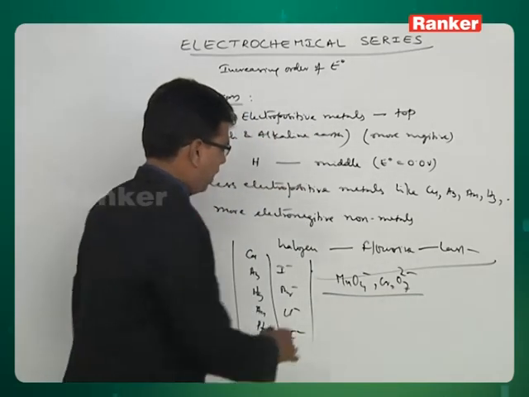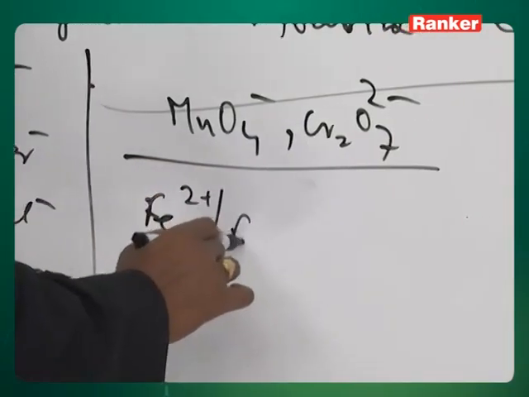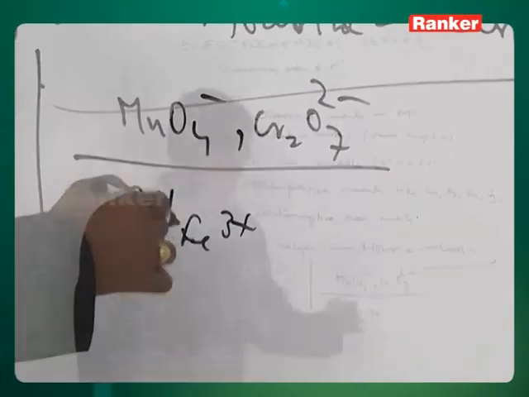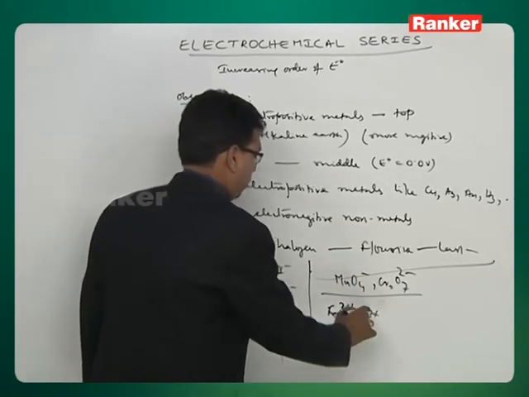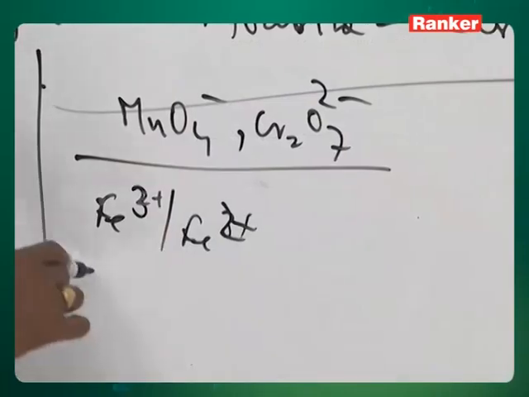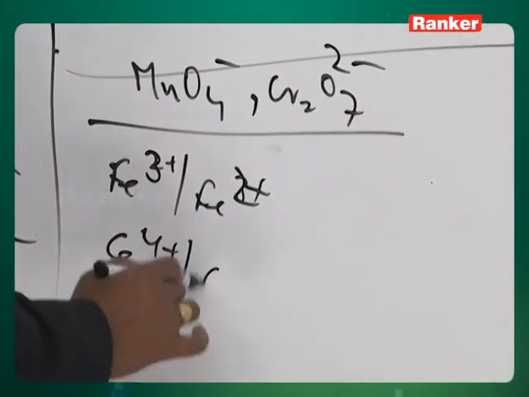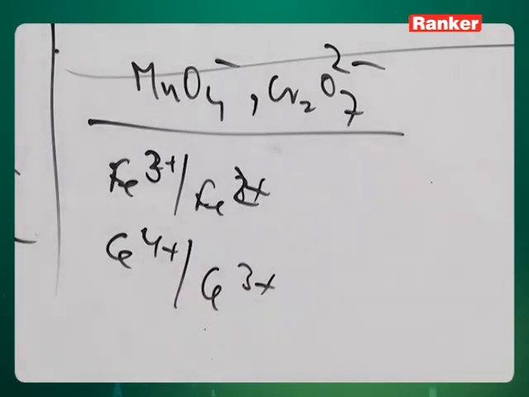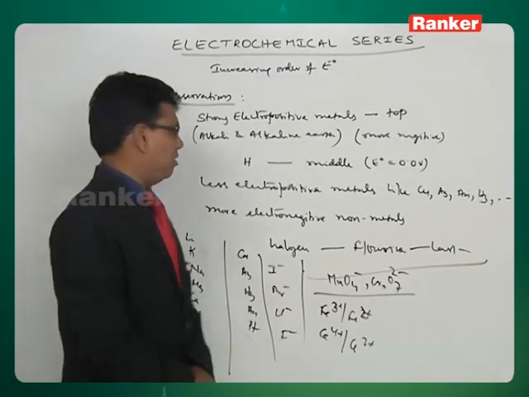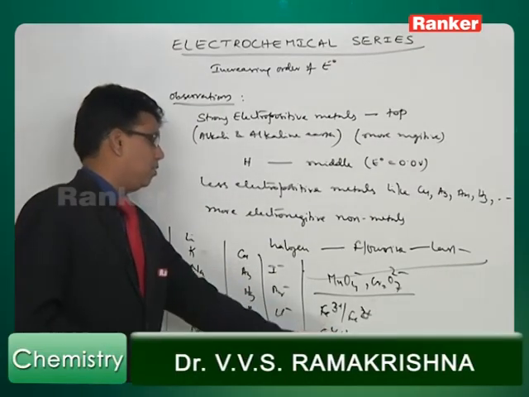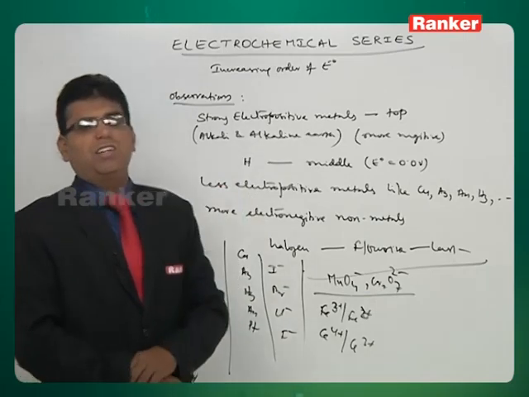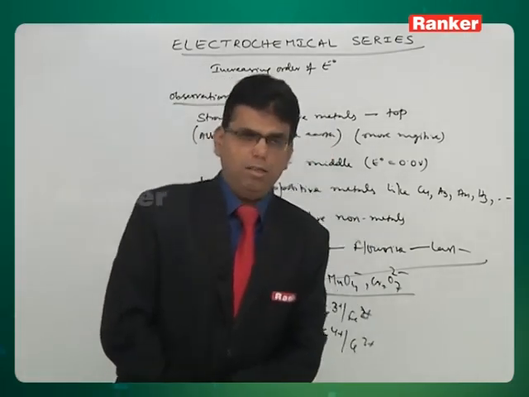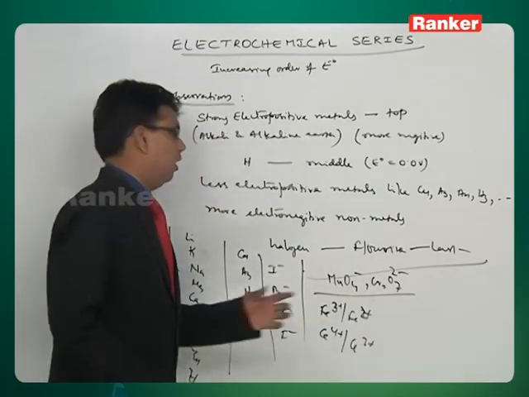Even for ions, Fe2 plus and Fe3 plus, Fe3 plus to Fe2 plus is reduction, because here we are always talking about reduction. And even cerium 3, cerium 4 ions, non-metals, molecular ions, everything will be in the table. So, this table which arranges elements, molecular ions or elemental ions in increasing order of their standard reduction potential values is what is called the electrochemical series.